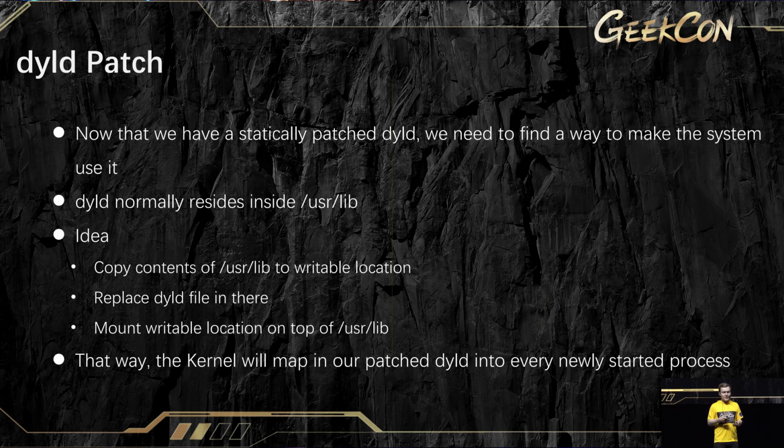We can simply mount on top of it, or mount a different path on top of it, and then replace the file in that path. And that way, we can essentially make this dyld binary inject into every newly spawned process. Although it is important to note that we need to actually inject the hash of this dyld file also to trust cache for this to work.